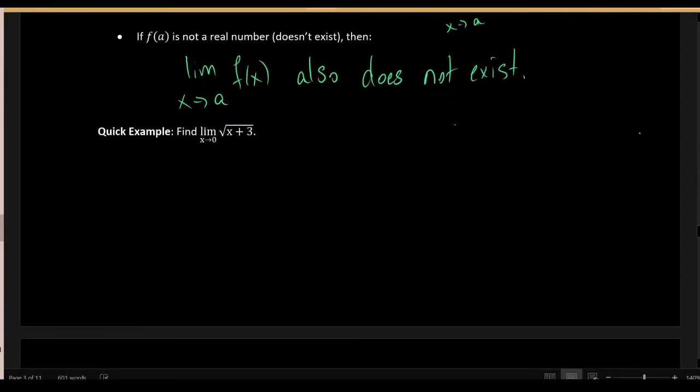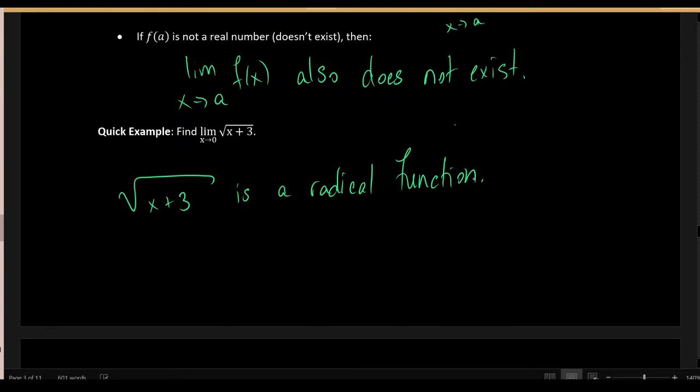To give you a quick example of how this rule works, someone wants to find the limit as x approaches 0 of the square root of x plus 3. The first thing that I'm going to acknowledge is that the square root of x plus 3 is a radical function, which means that the rule of thumb actually does apply to this situation.